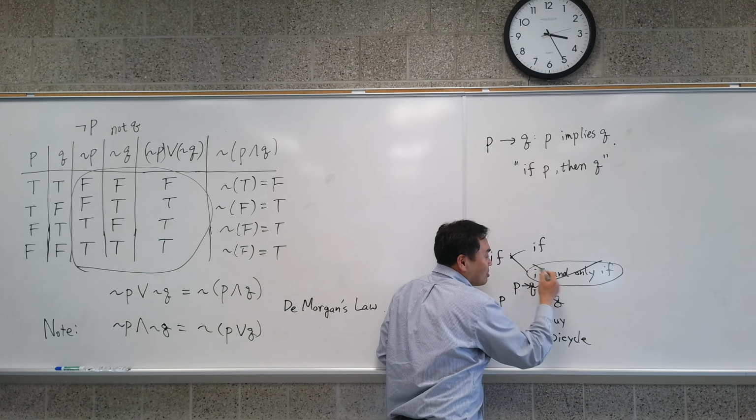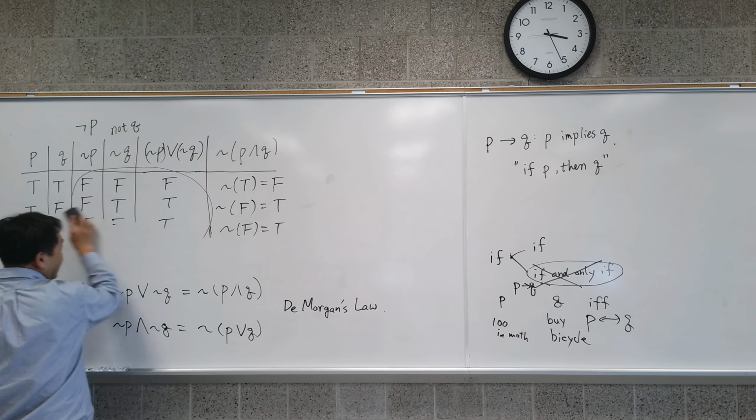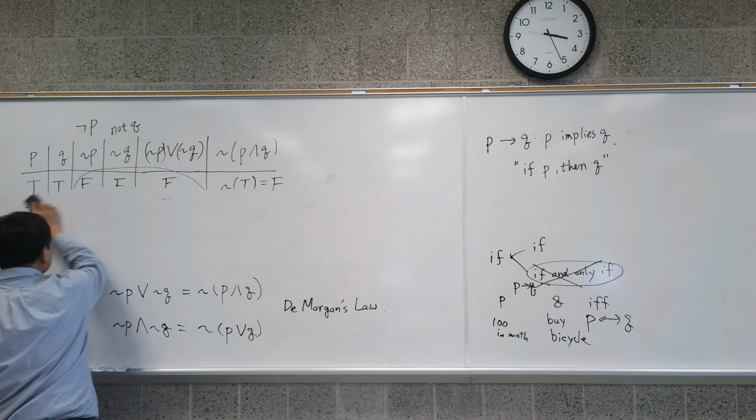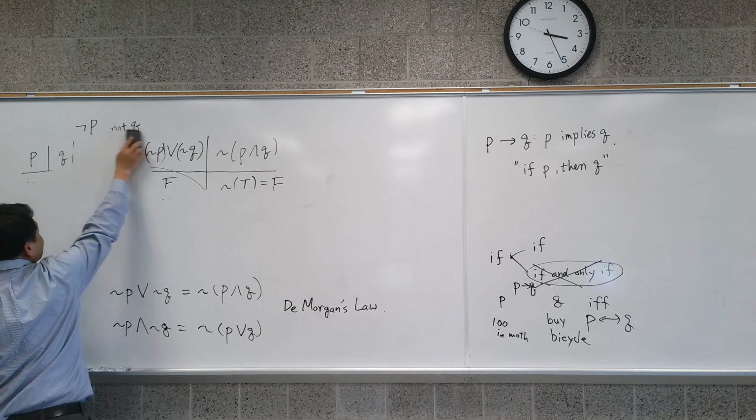Right. So let me clarify what I just said by building a truth table. And maybe after seeing the truth table, you'll have full understanding of what's going on here.